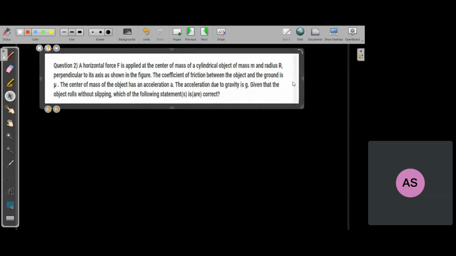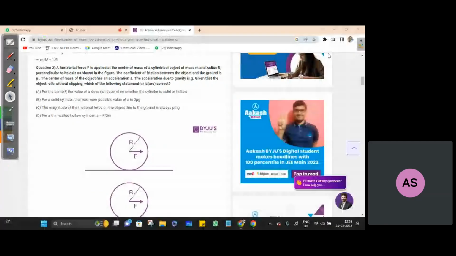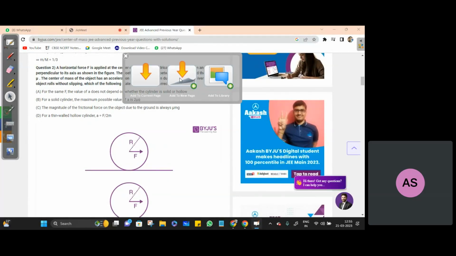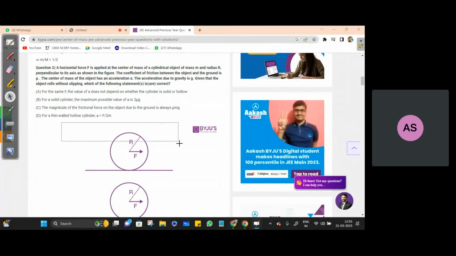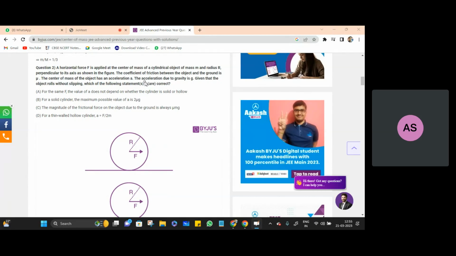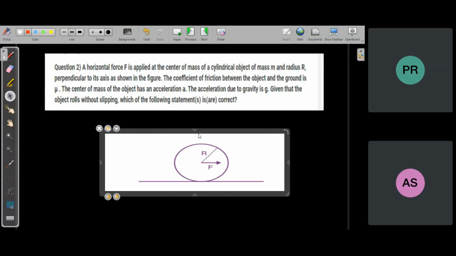Now you can try this question. Look at this question. This is again a JEE Advanced question.